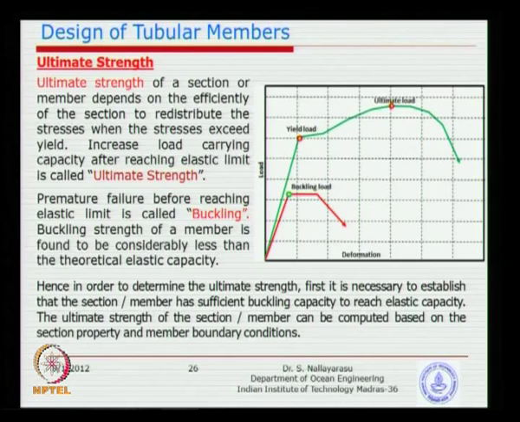You take a piece of a column, you try to apply axial load. So what really is going to happen? If the column is sufficiently short, the yielding will govern, because the length is too small compared to the dimensions and the load it carries. Now, if the length of the column is too long, you will easily see that it becomes slender. The word slender is actually relative, there is no absolute term for this is slender or this is not slender.